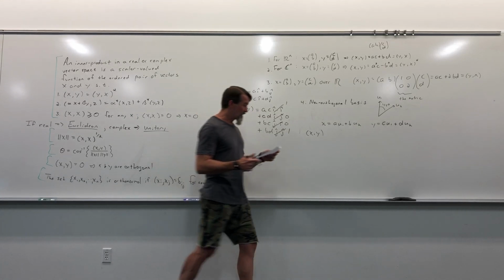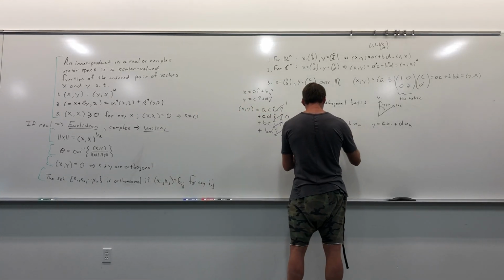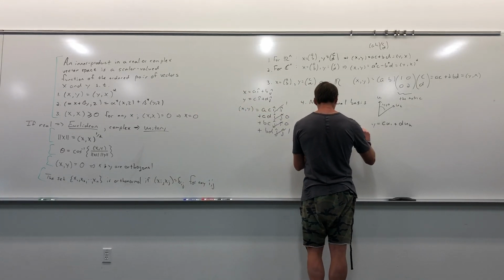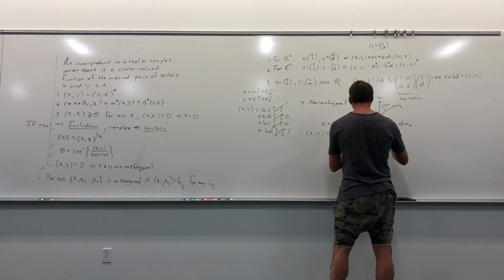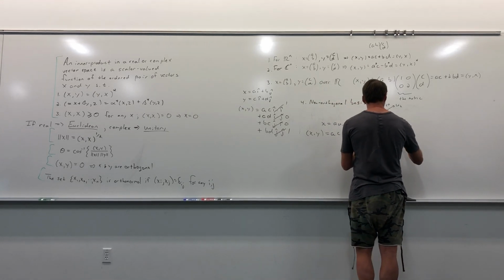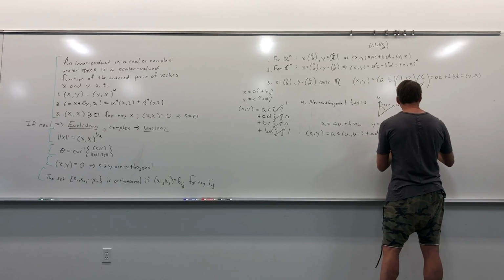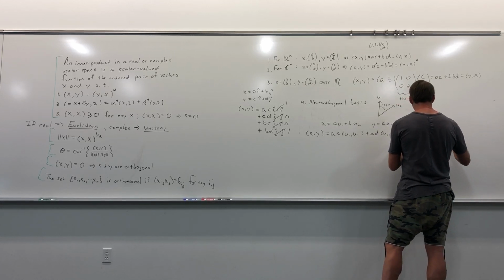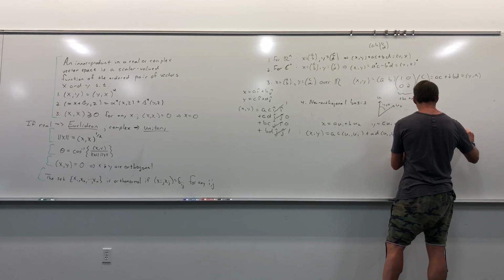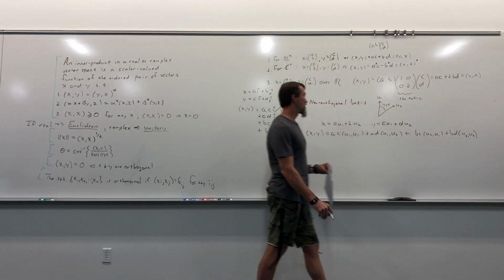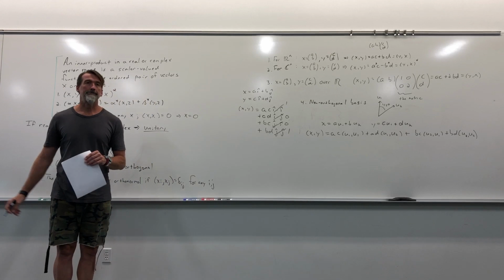if we want to take their inner product, what we get is AC u1 u1 plus AD u1 u2 plus BC u2 u1 plus BD u2 u2. All right?